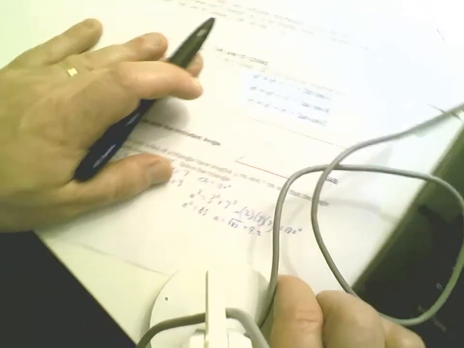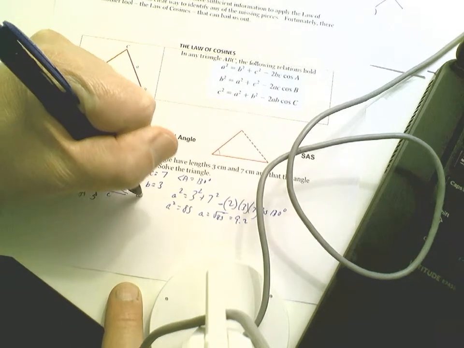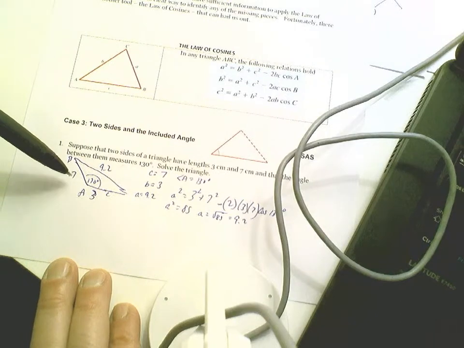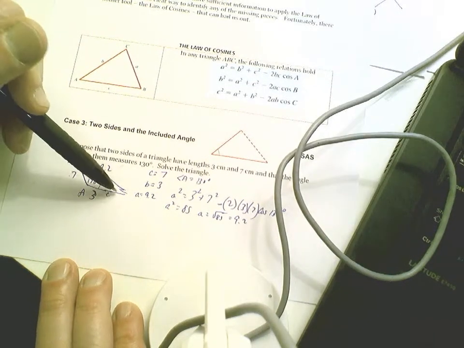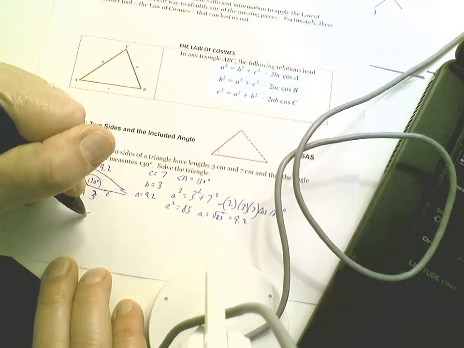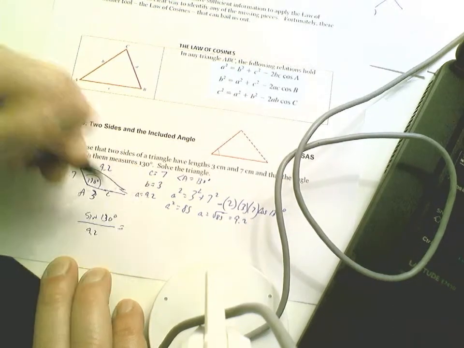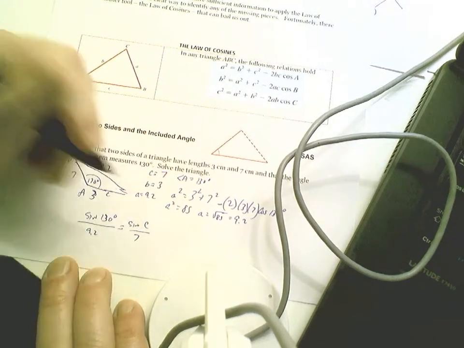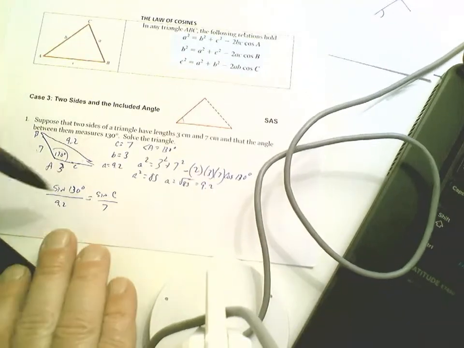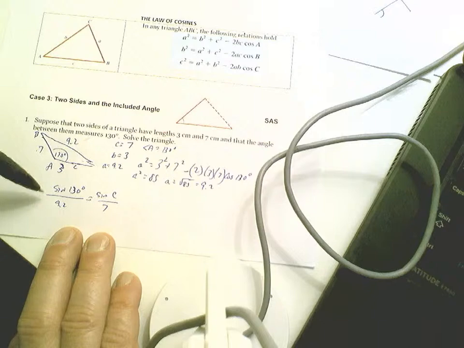My recommendation as we switch over is to do the following. I have 2 angles that are left. I'm going to go ahead and put my A equals 9.2 on my little scorecard. I need to get angle B and I need to get angle C. And my recommendation is always go after the biggest remaining angle. And in our case, that's going to be angle C. I can write the following. Sine of A over A, sine of 130 degrees over 9.2 equals the sine of angle C over 7. Cross multiplying, you don't even have to walk, just cross multiply each side by 7.